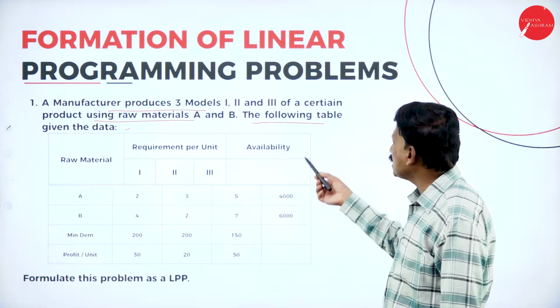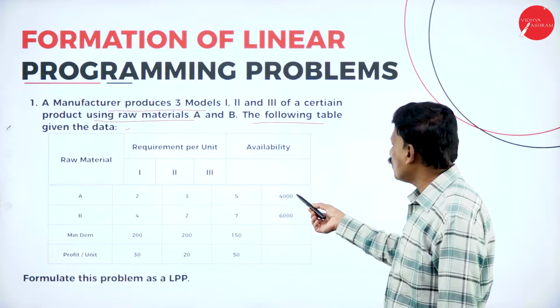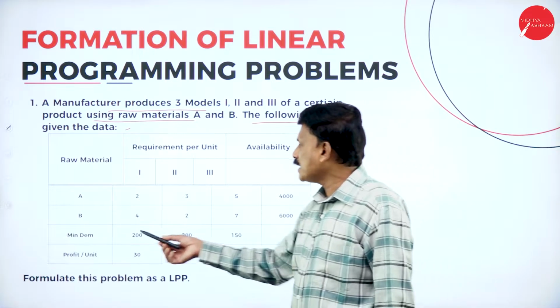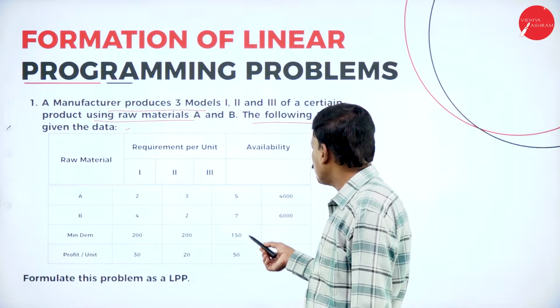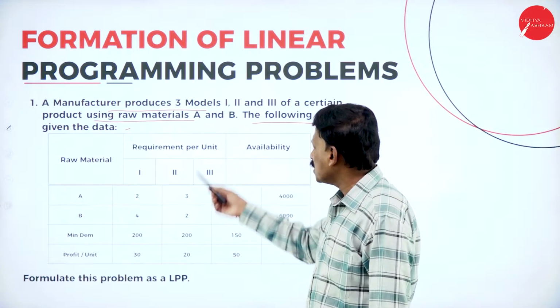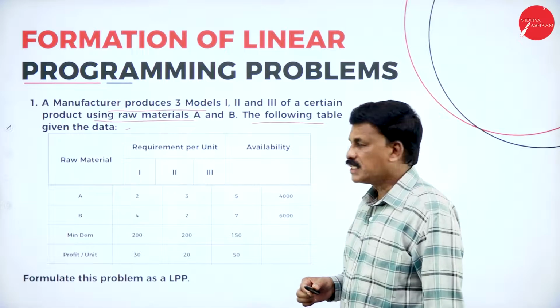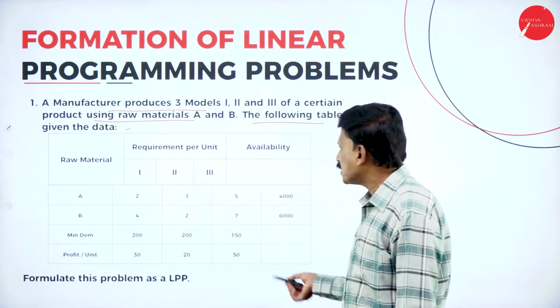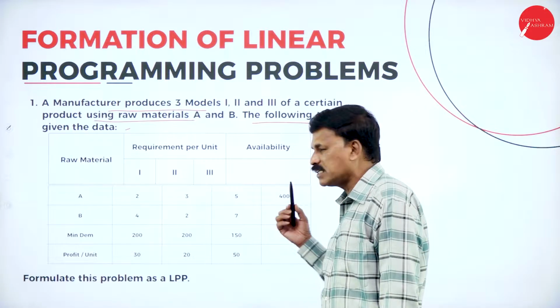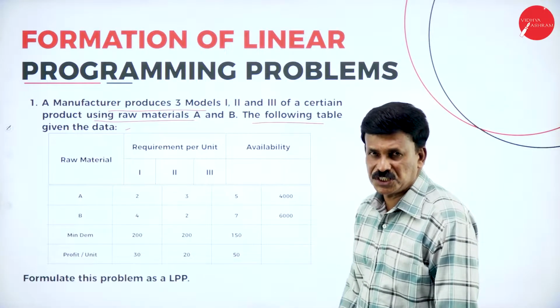And the maximum availability is given as 4,000 and 6,000. And the minimum demand is 200, 200 and 150 for the first, second and third product respectively. And the profit in the first product, second product and third product is 30, 20 and 50. This is the given condition.